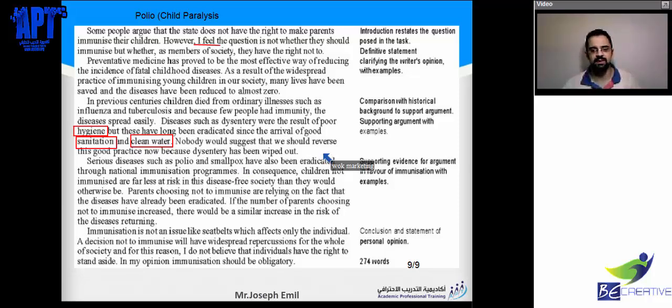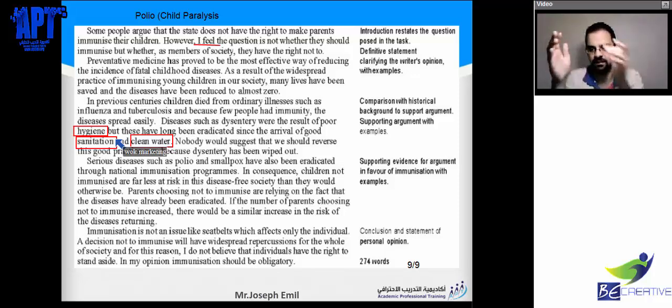Nobody would suggest that we should reverse this good practice now because dysentery has been wiped out. The practice here, of course, is sanitation and clean water. So he has given another example of deadly diseases that have been eradicated because of good practice.